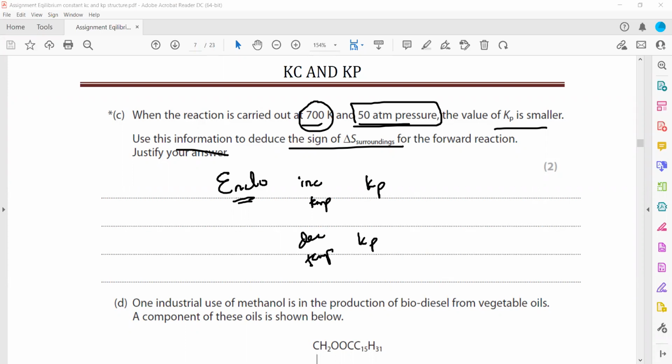Kp is small, so the reaction does not go to completion. Remember, for an endothermic reaction, when we increase the temperature, the value of Kp will be higher, and if we decrease the temperature, the value of Kp will be lower. But for exothermic reactions, if we increase the temperature, the value of Kp will be small, and if we decrease the temperature, the value of Kp will be high.